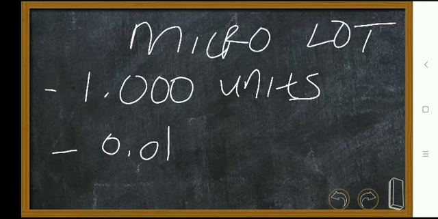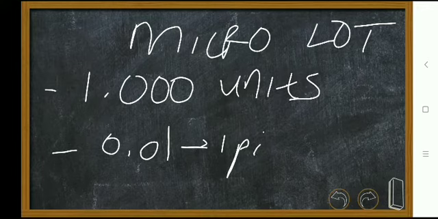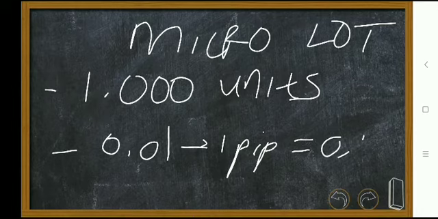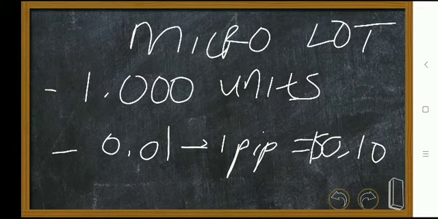And in this case, 1 pip movement will be equivalent to 0.1, it's 10 cents. That's 10 cents per pip.